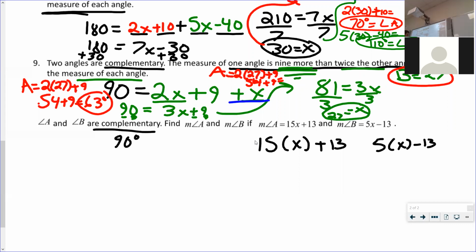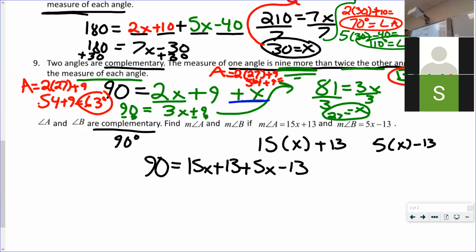So 90 is going to equal 15x plus 13 plus 5x minus 13. Oh, so it's both of them. Yes. Sam, was your setup okay? What's happening with your answers? They're a little weird. I don't understand how to do it. All right, let's follow along then. I'm going to combine like terms. 15x plus 5x equals 20x.